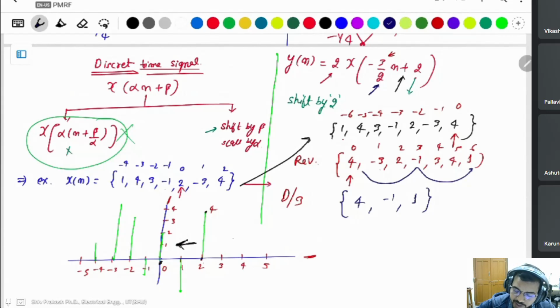And this thing applied, insert 2. If you want to insert 2 here, then what happens? We have to insert the positions 4, then 0, then minus 1, subtract the 1, 1, 0, then 1.